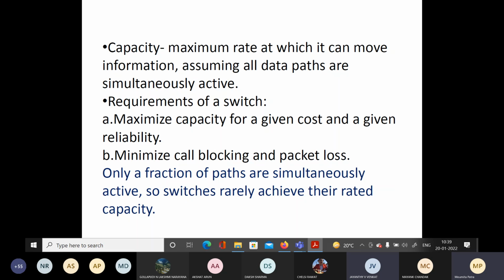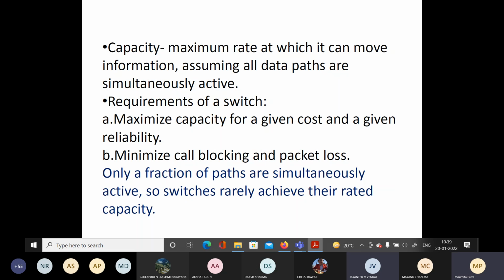Or there is no path available from the given input port to the particular output port. These are the scenarios where call blocking can occur, and eventually packet loss can also occur. So when you want a good capacity switch, you need to minimize the amount of call blocking and the corresponding packet loss.